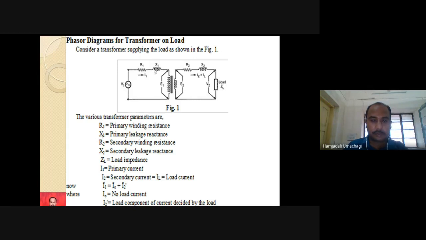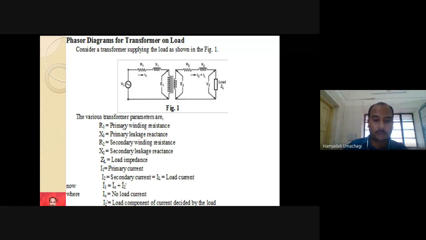X1 is the primary winding reactance, that is primary leakage reactance. Then on the secondary side, R2 is the secondary winding resistance. The transformer secondary winding has its own resistance R2. Similarly, the secondary side has its own reactance X2, that is, X2 is the secondary leakage reactance.